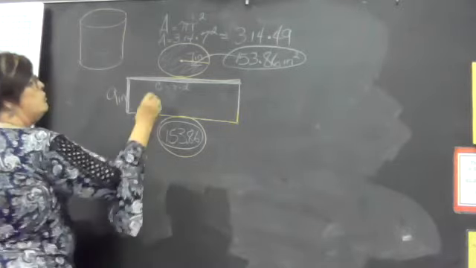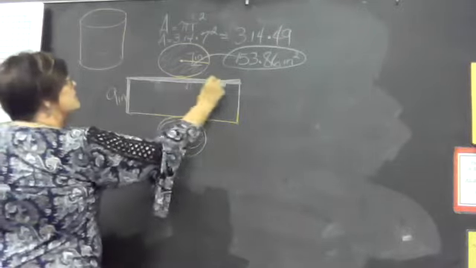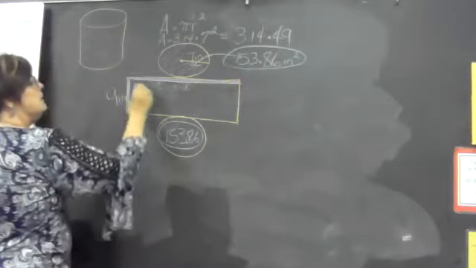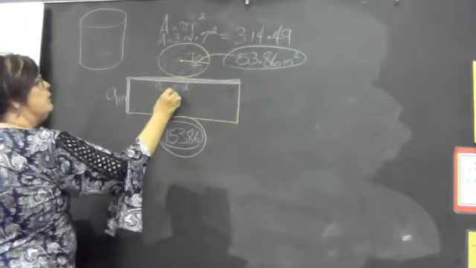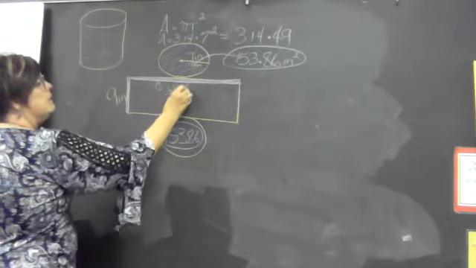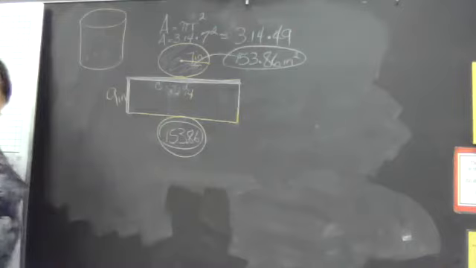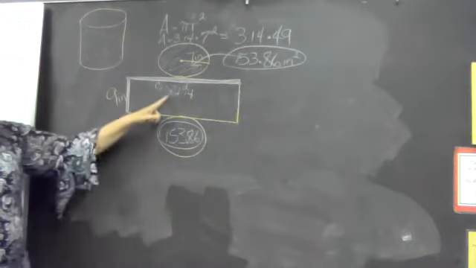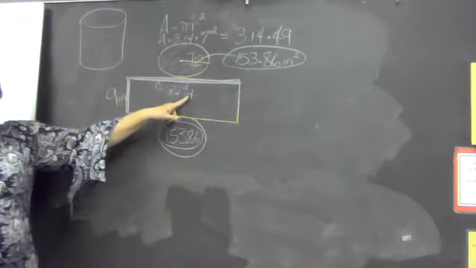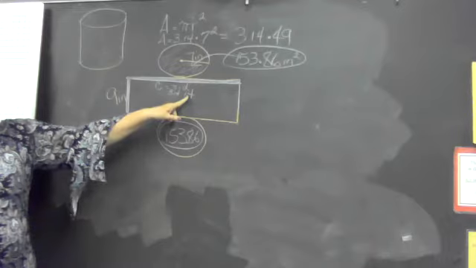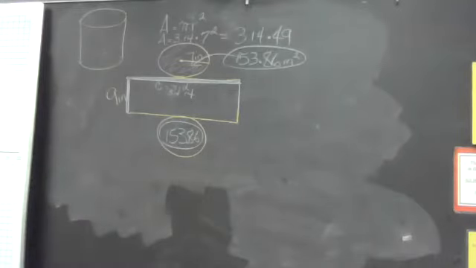Okay, so to find this length so that we can use it, it's going to be 3.14 times the diameter, which is 14. The radius is 7, so the diameter would be 14, because it's 2 of them.